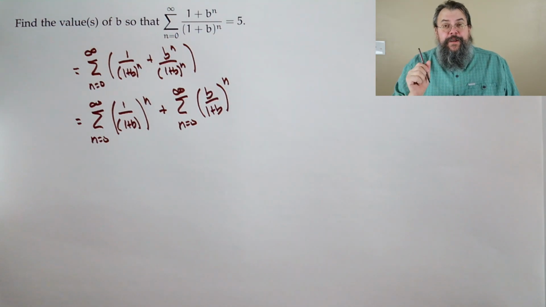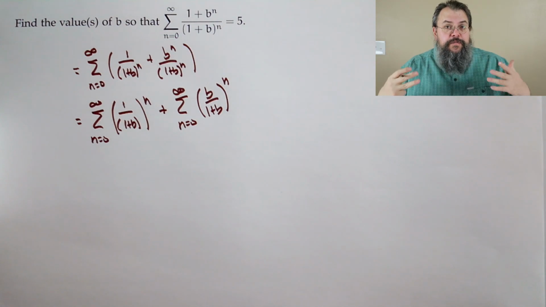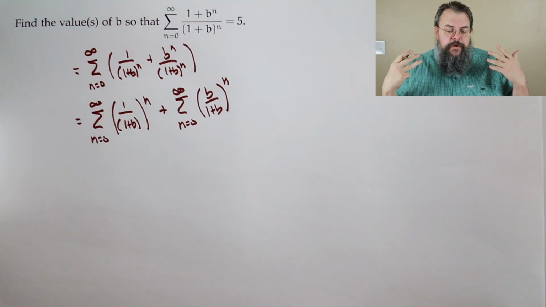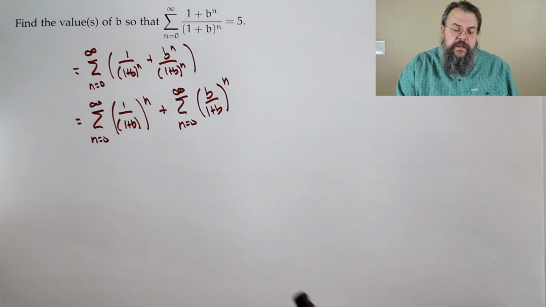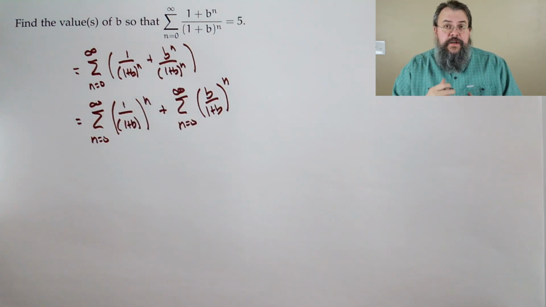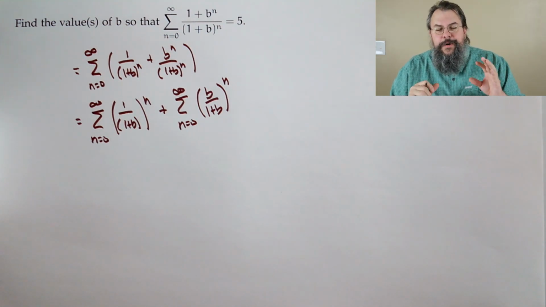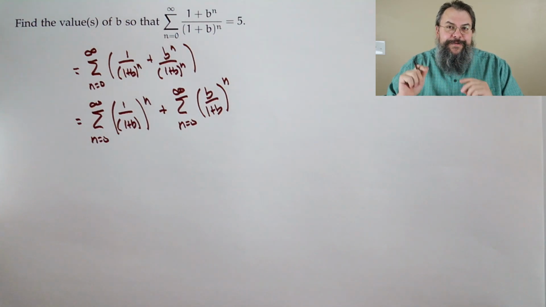The answer will come at the end. Essentially, what we're going to do is we're going to say, hey, these numbers are going to be such that each of these is converging, and therefore, because the individual pieces converge, I'm allowed to split. So that's what we're going to say. In fact, well, let's wait till we get there.